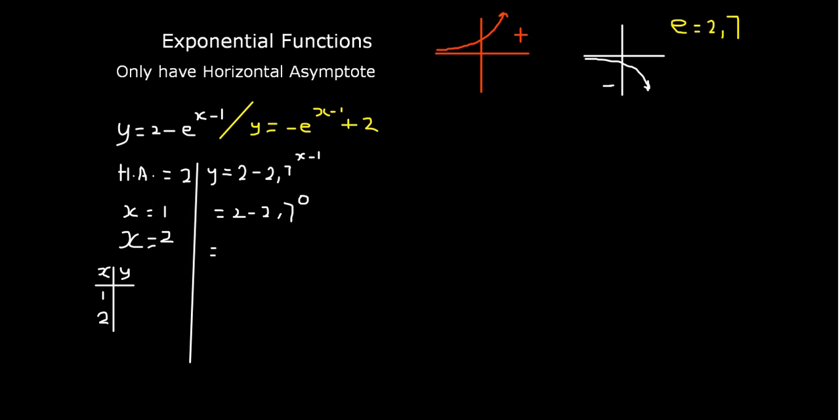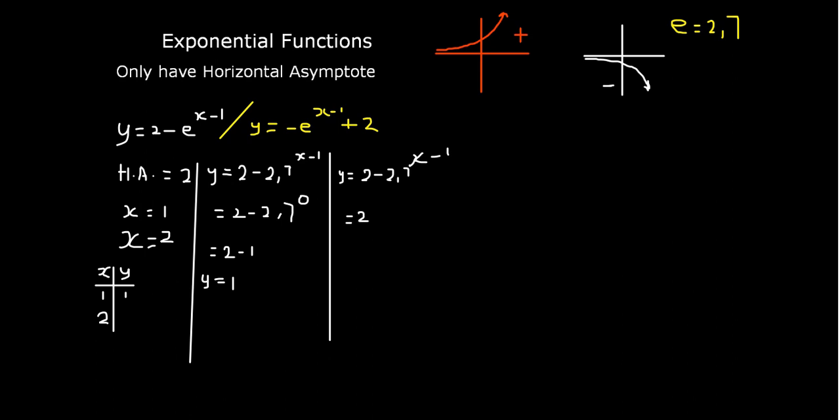Then we will say 2 minus 1. Why do we say 2 minus 1? It's because anything to the power 0 is 1. So the answer here will be y equals 1. So our y will also be equal to 1. And then we also substitute 2 and say y equals, same equation, 2 minus 2.7, which is our e base, to the power of x minus 1.